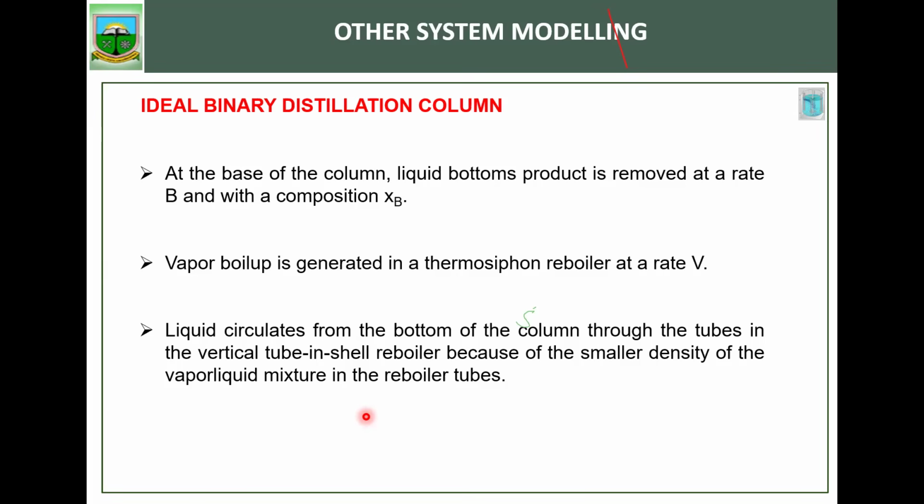In the reflux, we want to make sure that there's no heavy component in the lighter component. We want to purify the lighter component by removing all the heavy components. We pump it back. In the reboiler, we are also making sure that there's no lighter component accompanying the heavy components. We try to purify that aspect to make sure that we will have pure heavy components at the bottom and pure lighter components on top.